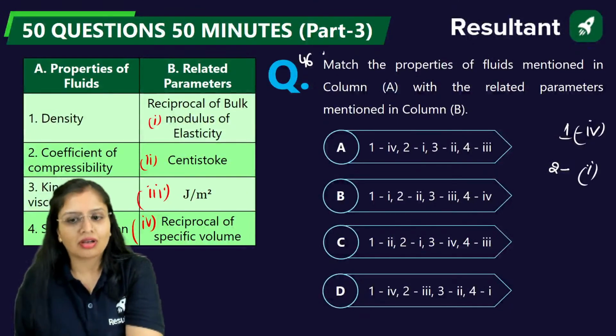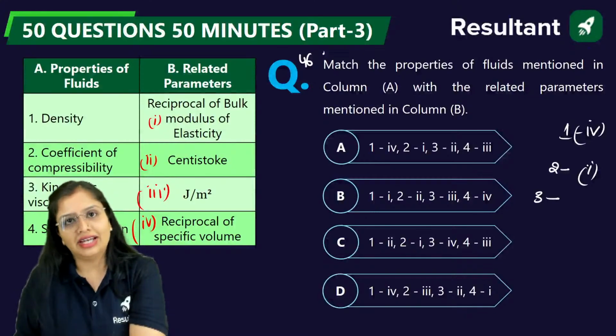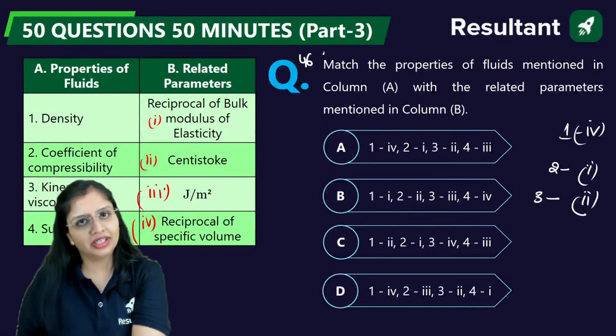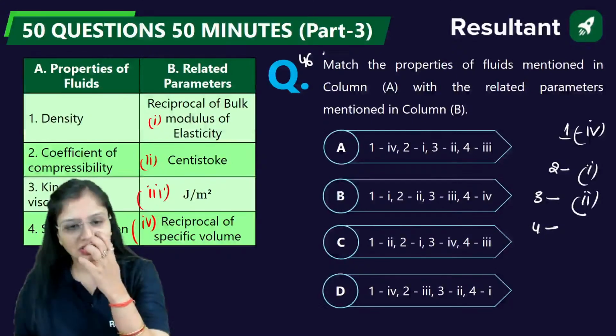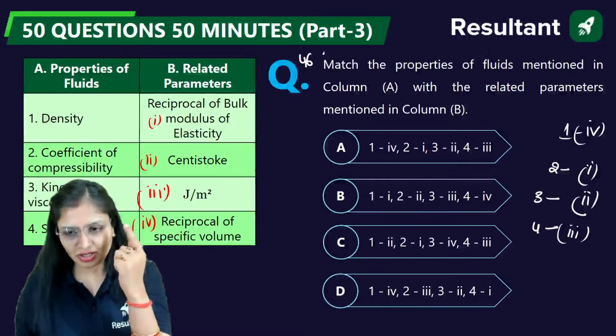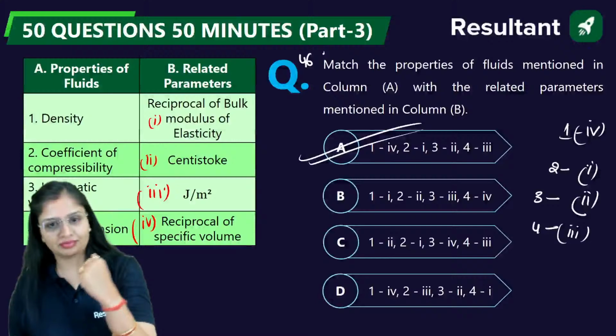Okay, then third, kinematic viscosity. Either you say Stokes, centi-Stokes, anything. We have centimeter square per second generally, but we can write centi-Stokes. Surface tension is in joule per square meter. So 4, 1, 2, 3. 4, 1, 2, 3 is the correct one.